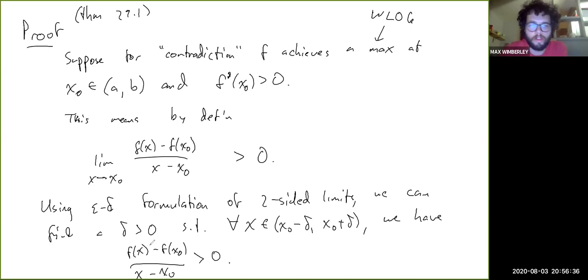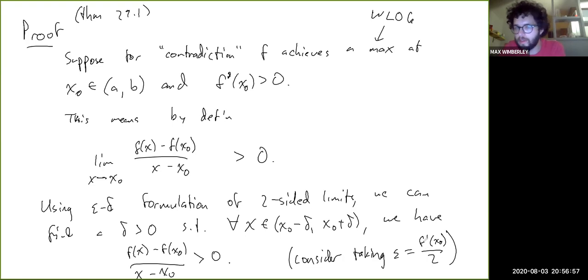If you want to think about it this way, whatever the value of f prime of x naught is, consider taking epsilon equals f prime of x naught over 2. Then choose delta so that this is within epsilon of f prime of x naught.